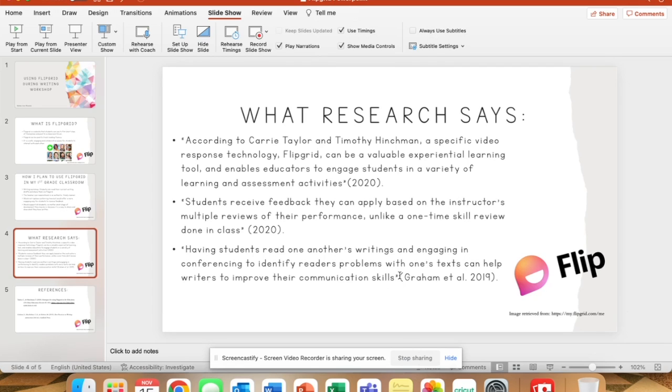So overall, having kids just talk about what they're writing, in my opinion, really improves those communication skills, being able to talk with academic language, being able to explain what they're doing academically, is very important and very invaluable.